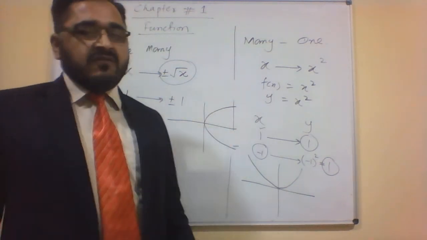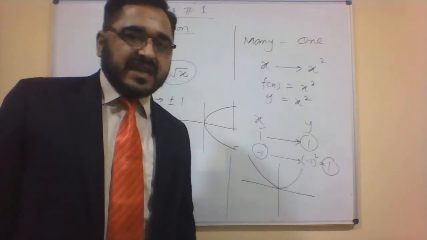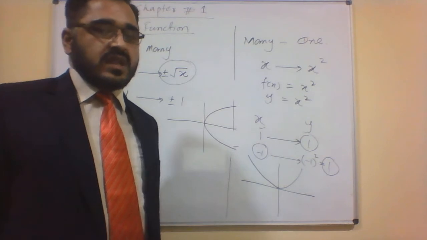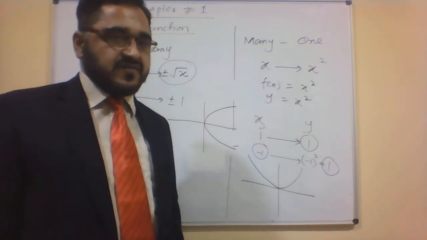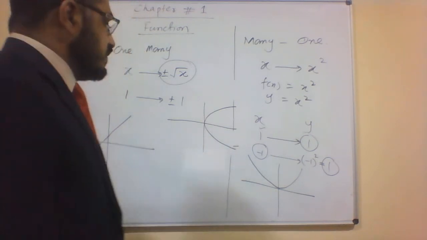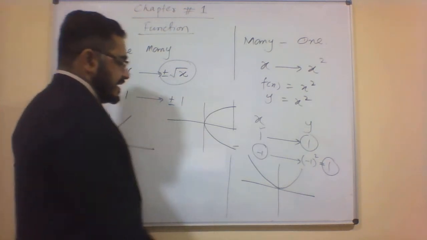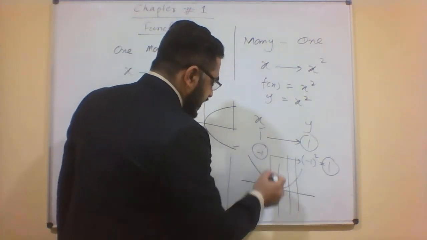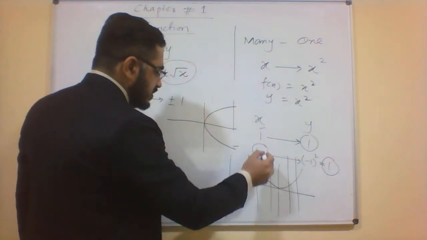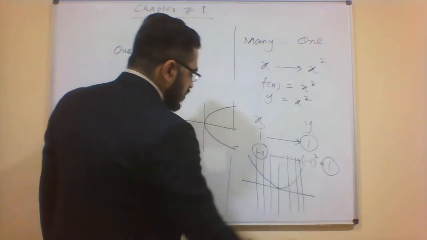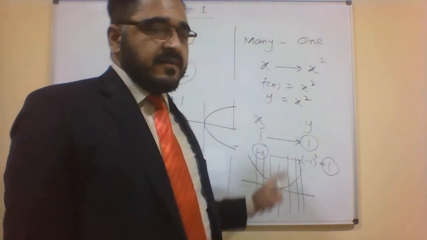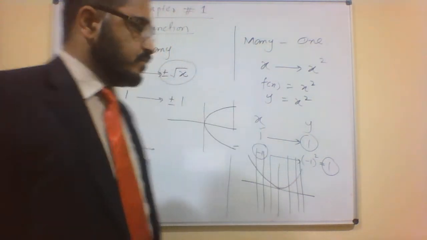One-one and many-one, we can check with the help of the vertical line test as well. We will draw a vertical line here. If that line intersects at only one point, then that will be a function.